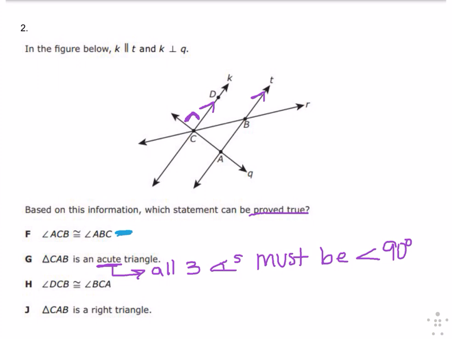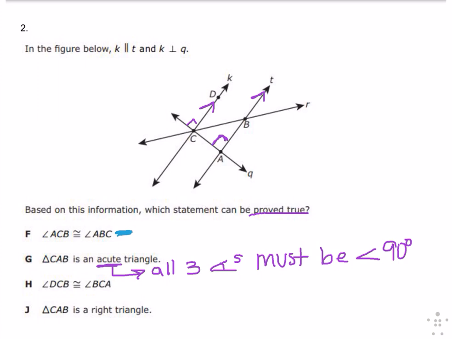So if I see that this is 90 degrees here, let's look at this. Okay, so if we see right here that this is 90 degrees, then I know that this right here is also 90 degrees.